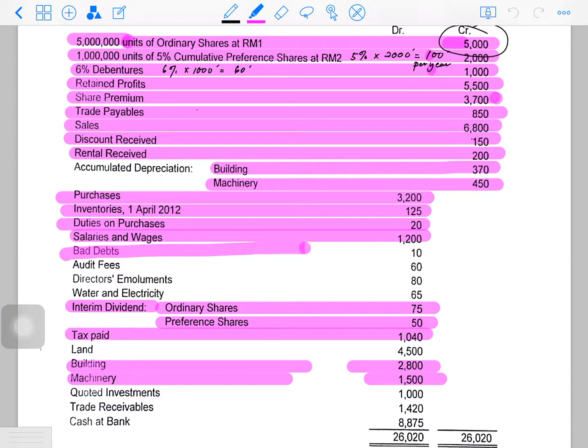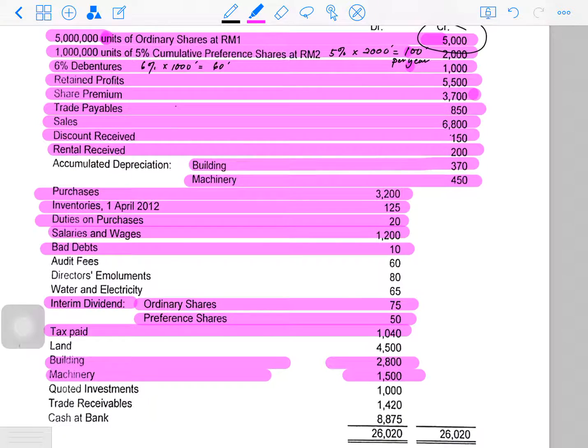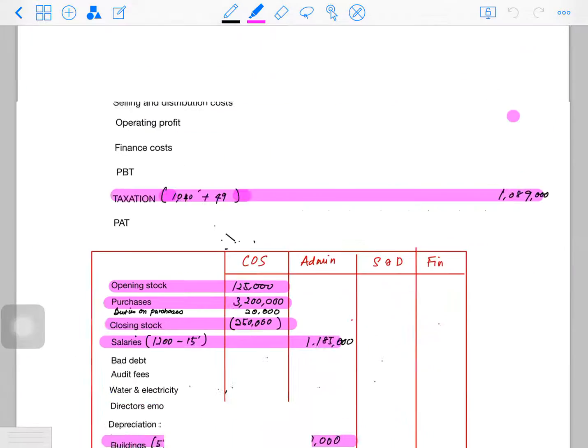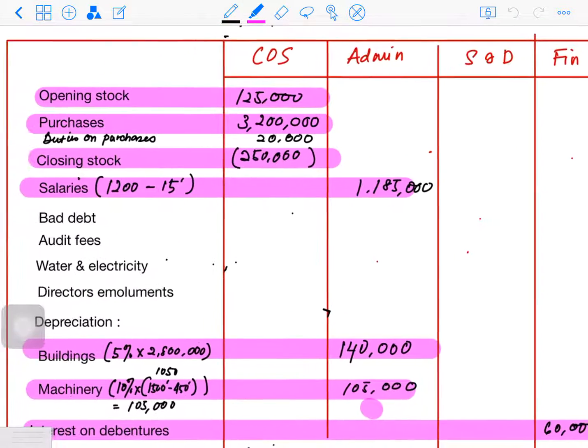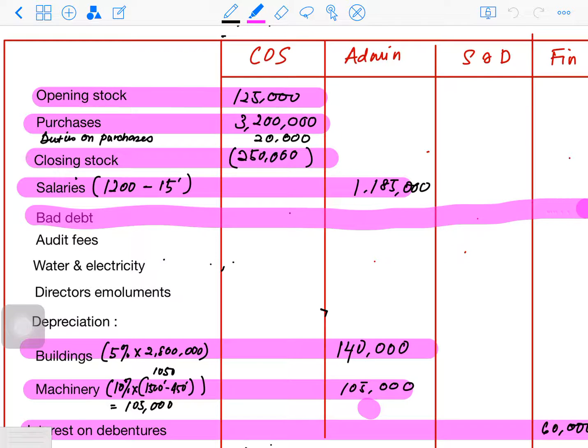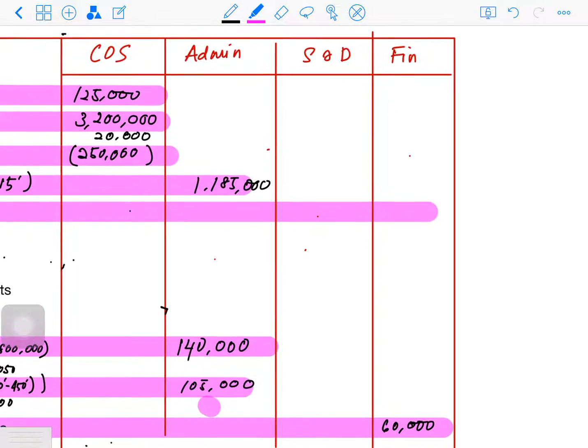Bad debts. These are expenses, bad debts. Bad debt expenses is finance expense. Okay, finance expense or admin expense is also possible. Usually not in finance expense. So bad debt expenses here we have 10.